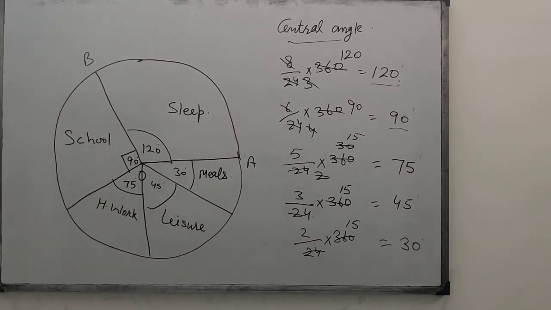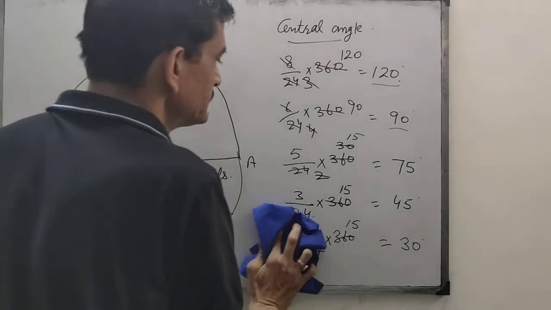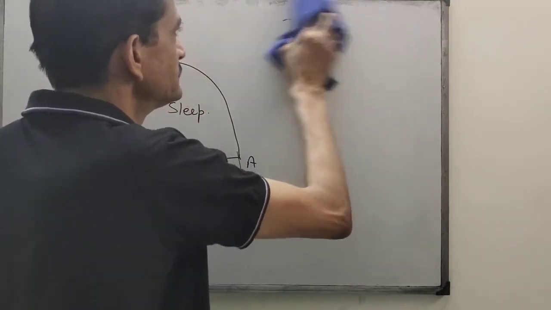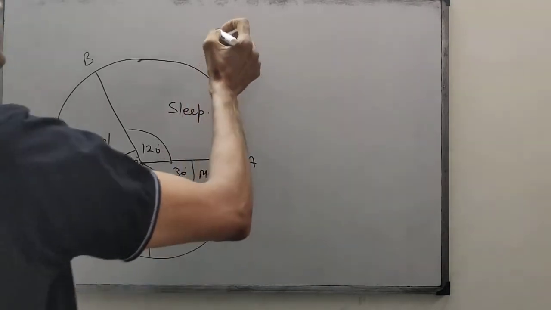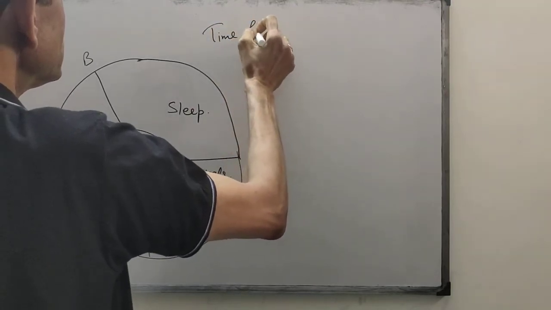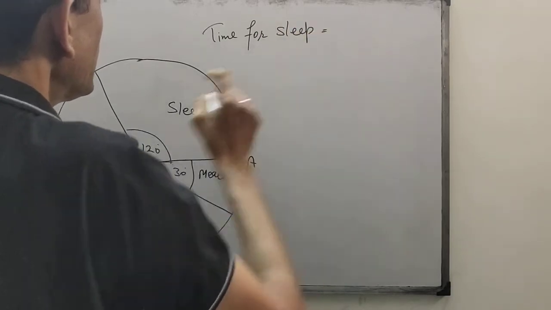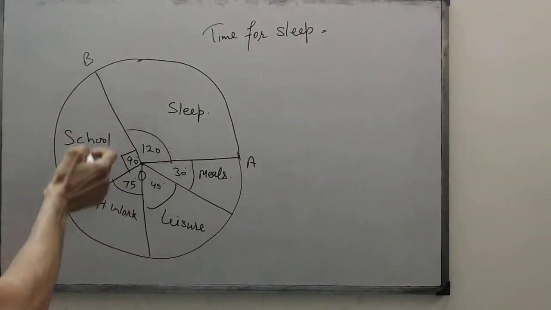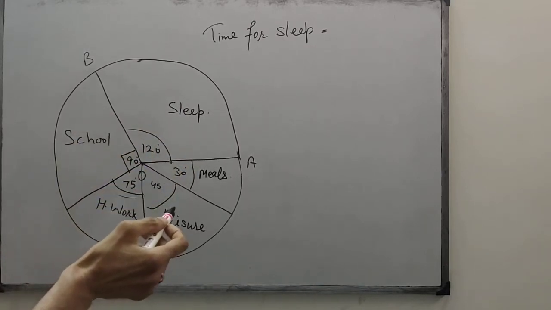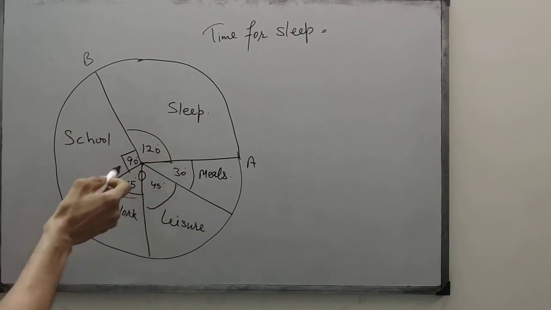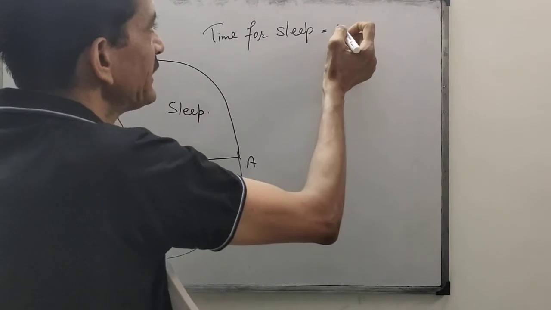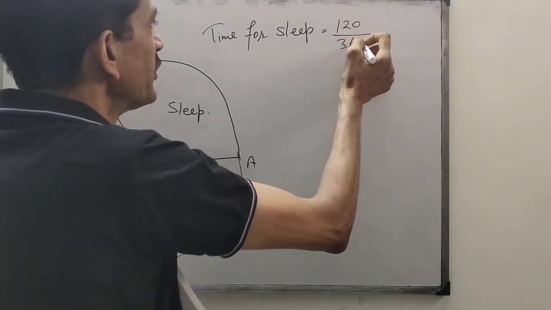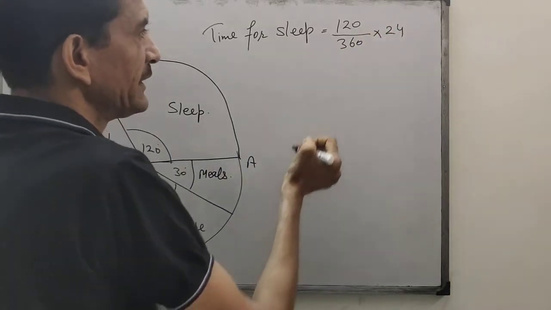So how can we find that? Listen. Time for sleeping: what is given? Out of 360, because the total angle is 360. The angle formed at the center is called the complete angle. Complete angle is 360. Out of 360, how much degree is used for sleeping? That is 120. So 120 by 360, and out of 24 hours, how much time is used? In this way you can find it.